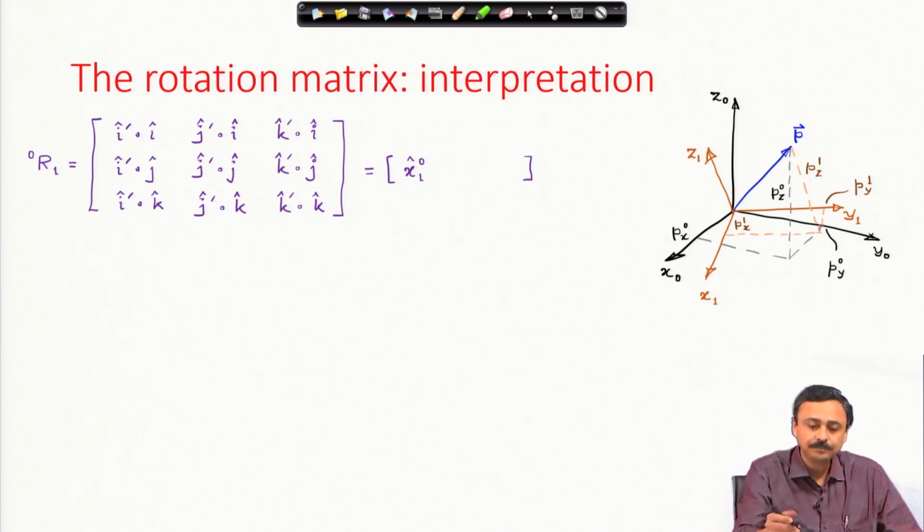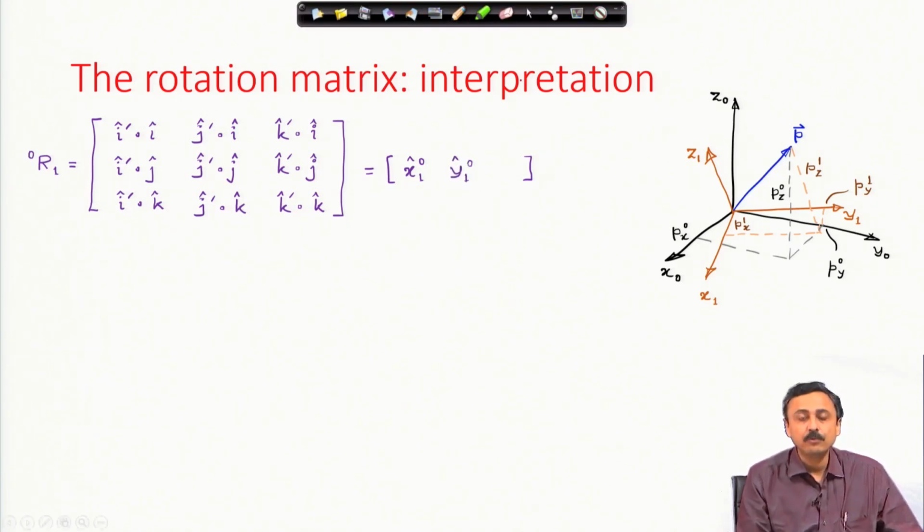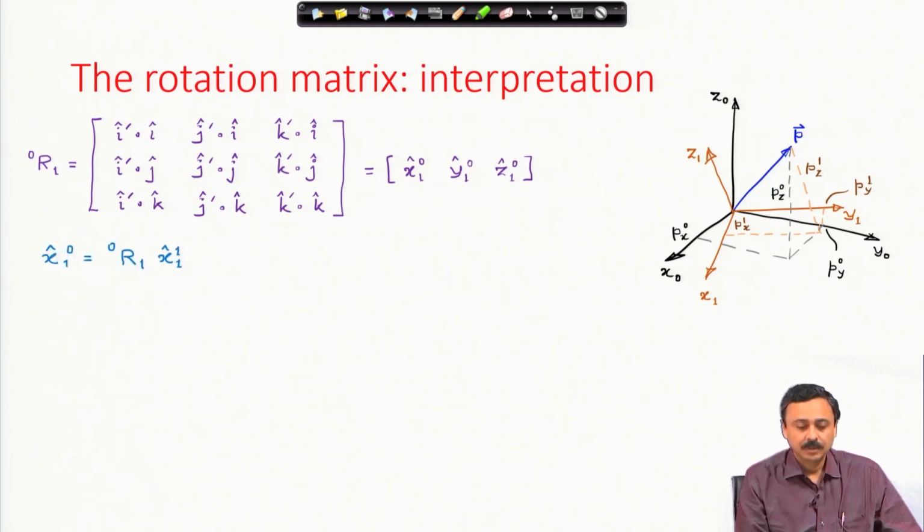The second column is the representation of y1 in x0, y0, z0, and the third column is the representation of z1 in x0, y0, z0.